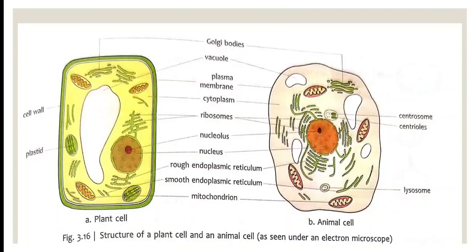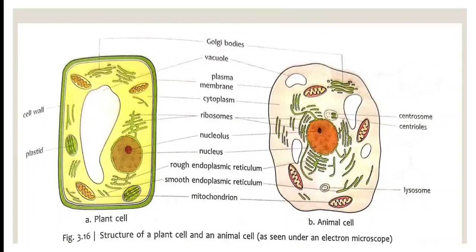Can you see the nucleus in this diagram? In the animal cell, the center orange part is very clearly visible. This is the nucleus. In the plant cell, the round spherical brownish part represents the nucleus. What is the shape of the nucleus?